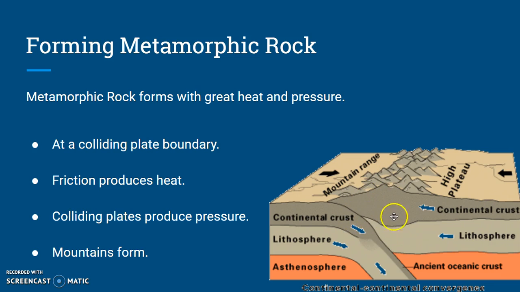All this heat and pressure down underneath these mountains is forming metamorphic rock. So metamorphic rock forms close to volcanoes where there's magma, and it also forms where plates collide and mountains are being formed. There's not a bunch of steps into forming metamorphic rock. It just takes heat and pressure.